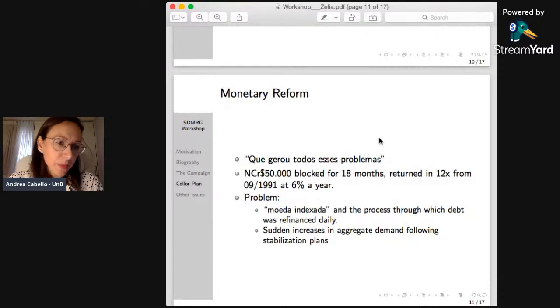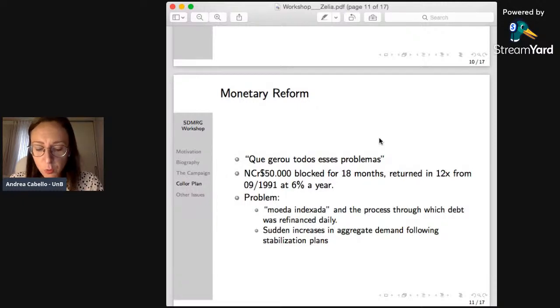If you consider that inflation was 90%, and if you were not that optimistic that the government would be able to reduce that inflation, you'd see that that would be a very long time for the government to return your money.